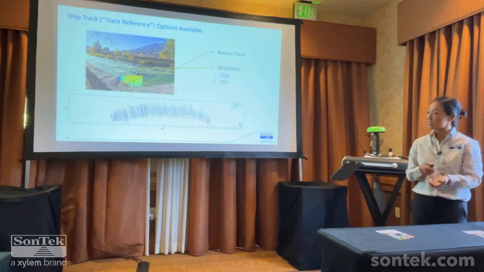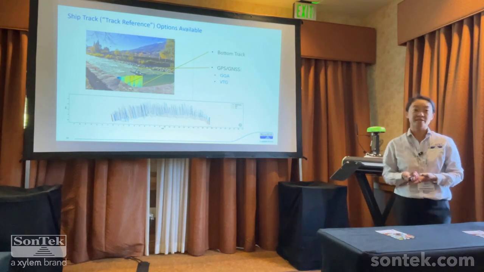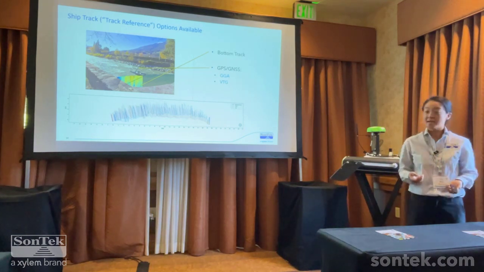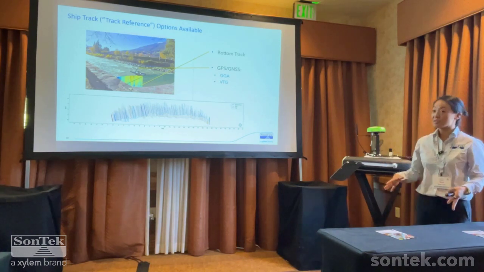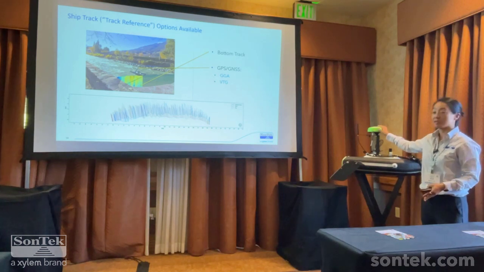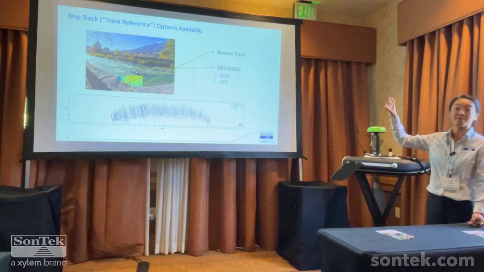All right, so there are various ship track options available to you. In all of our SonTek ADCPs, we include what we call bottom track, and I'll explain what that means in a little bit. You will have an optional feature to use GPS, so if you do end up getting a GPS option, then you will have another available ship track.